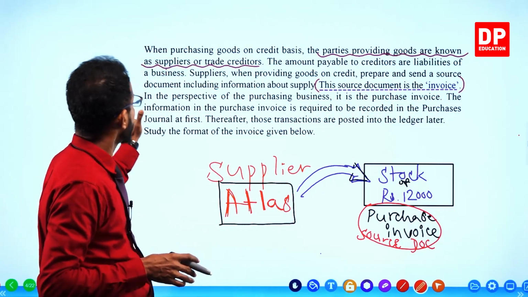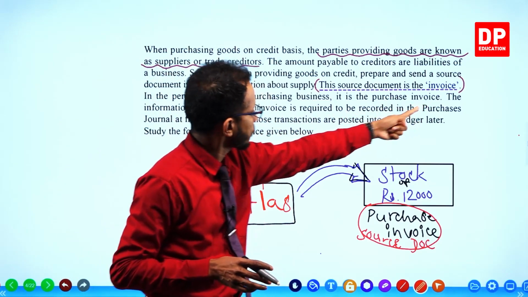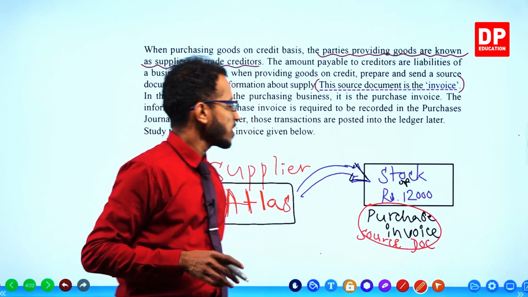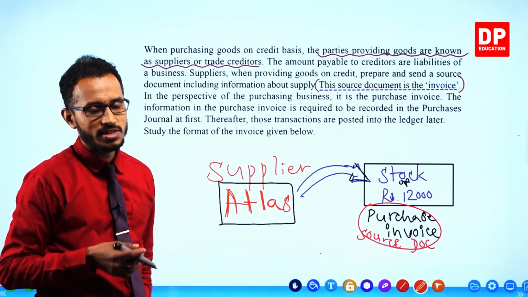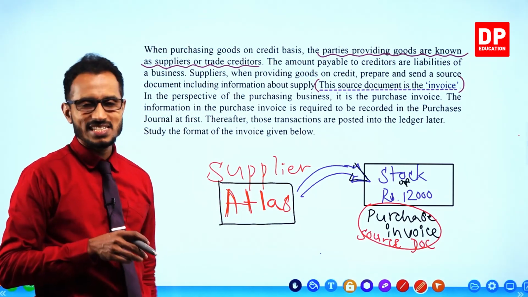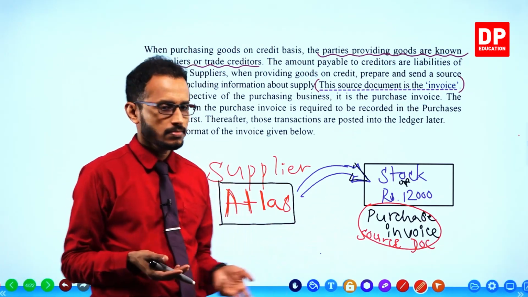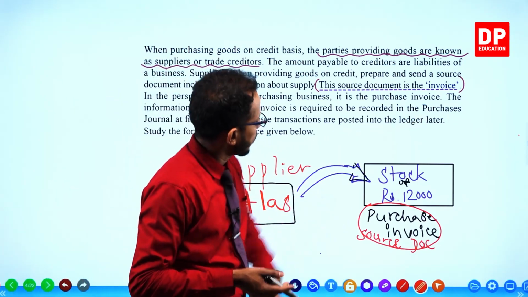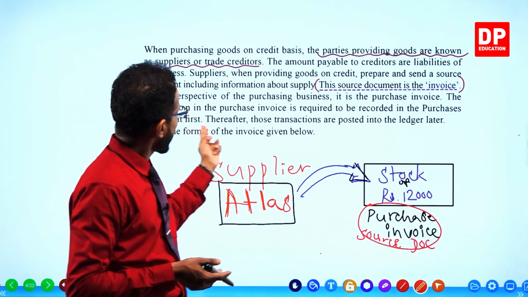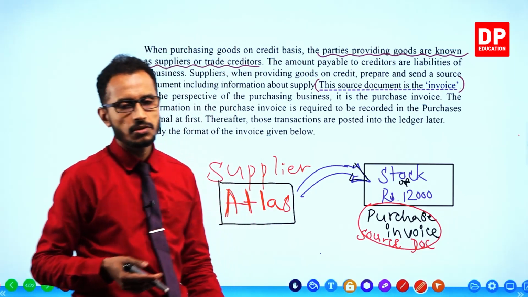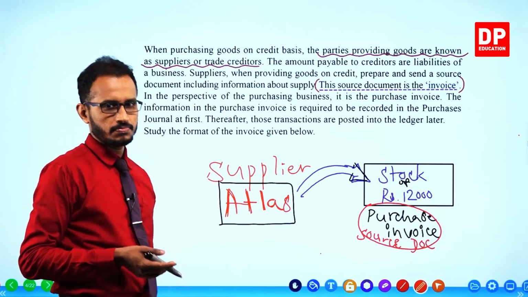All the information in the purchase invoice is required to be recorded in the purchase journal. These purchase invoices are collected and recorded in the purchase journal on a daily basis. Thereafter, those transactions are posted to the ledger accounts on a later date.